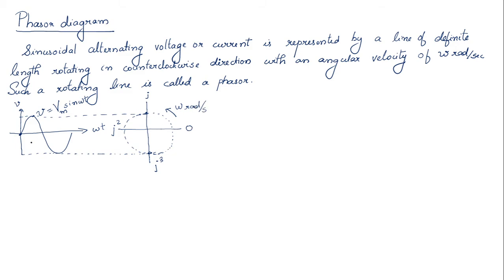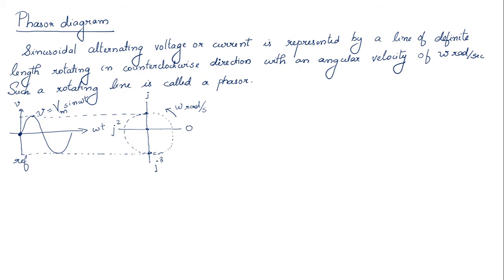Next we are going to draw the phasor. What we are going to draw is the value the AC quantity is taking at this reference axis. Here you can see this is the reference axis, and at this particular point the value the alternating quantity is taking is 0, which is represented here.